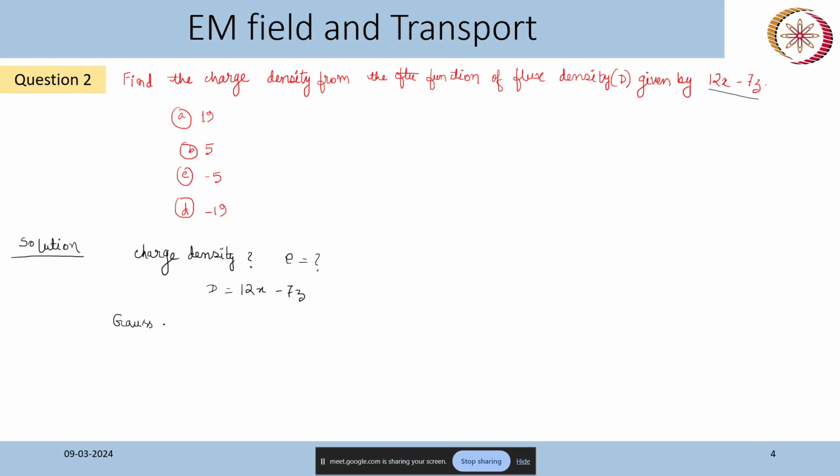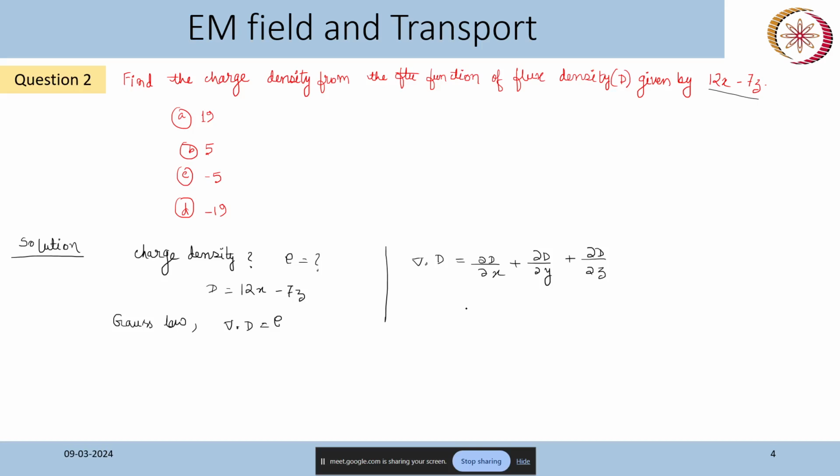From Gauss's law we know that del dot D equals rho. Now what will be del dot D for our case? This operator means the partial derivative del D by del x plus del D by del y plus del D by del z, and the output is a scalar quantity.